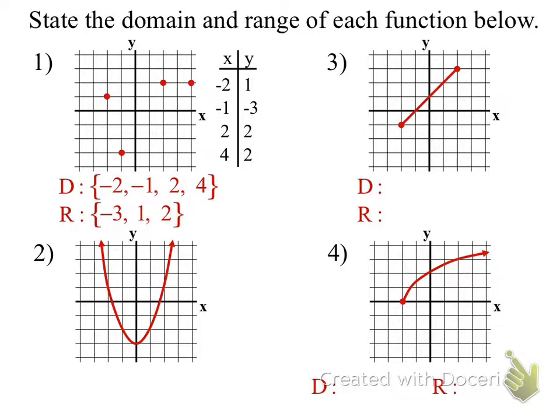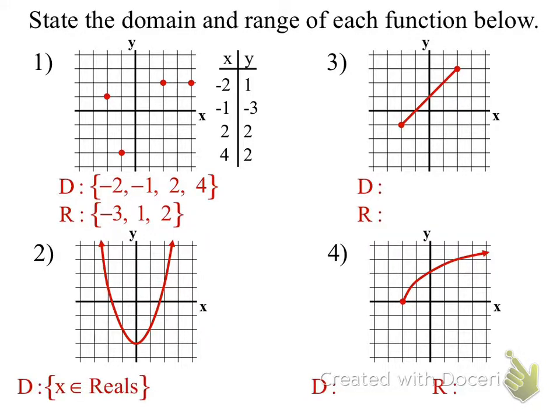Is this a function? Yes, because the x's don't repeat. On number 2, the domain means how wide is it? This is going to keep going on and on and on, this slant. So eventually it will pick up every single x, and this too. So what we would write for that is the domain is all real numbers.